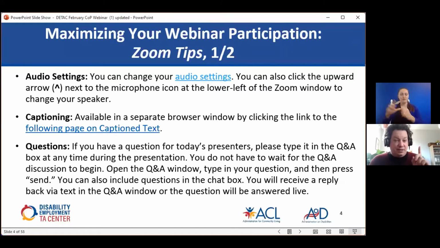Since we have ASL and Spanish interpretation and captioning today, we ask that you slow down in your speaking a little bit to help them keep up in this complicated work. Since we have visual and hearing impaired attendees, we ask that when you begin your part, you identify yourself and make a brief description of yourself. And if there are any key illustrations in your slides, we ask that you describe them as well.